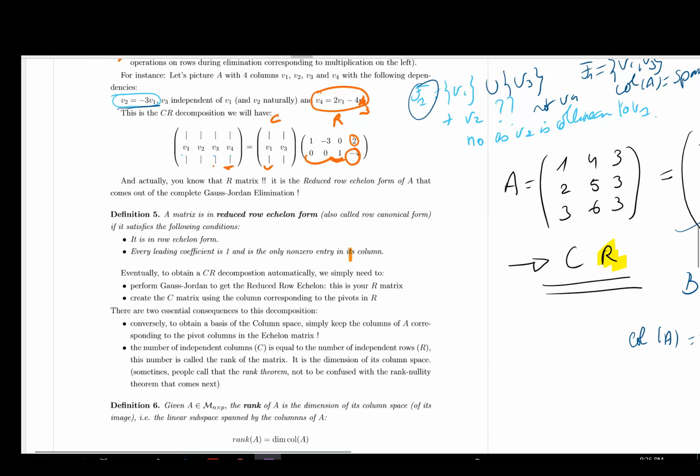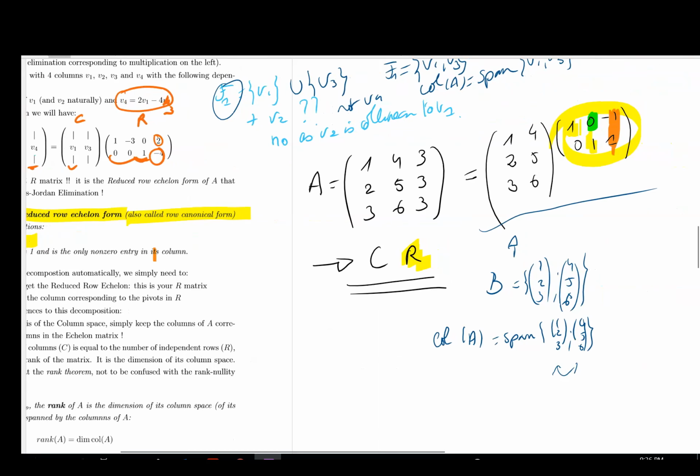It should be a matrix, also called row canonical form. So it's in row echelon form, and you see it only has rows with one leading coefficient. Below that leading coefficient, we have zeros.